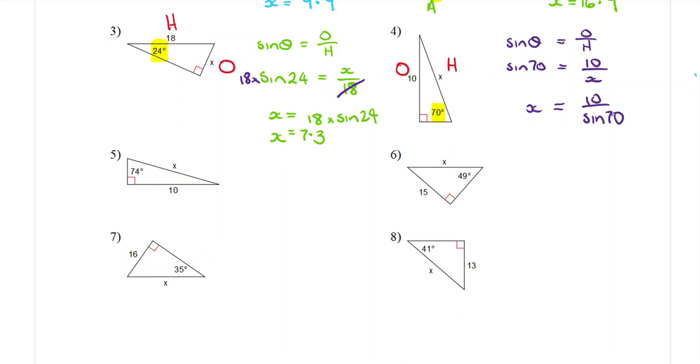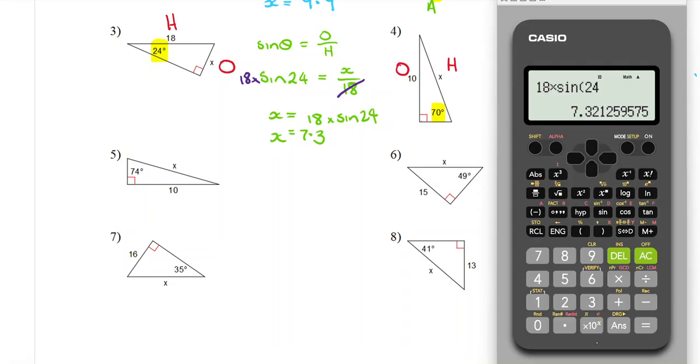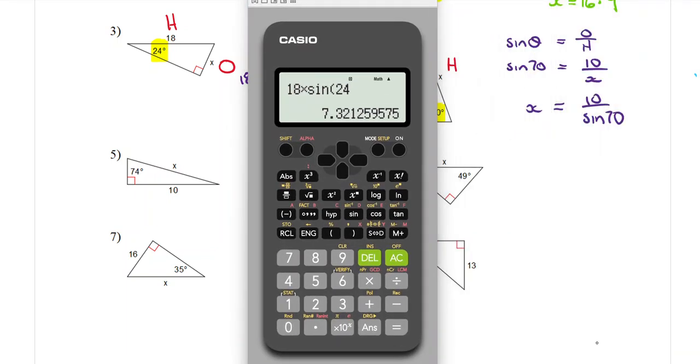Is that a nice shortcut? X on the bottom, switch places. X on the top, they're the two. Okay? Fourth step, type it in. You have to be a little bit careful typing fraction ones in, because if you do this, you go fraction 10 over sine 70 and you press equals.